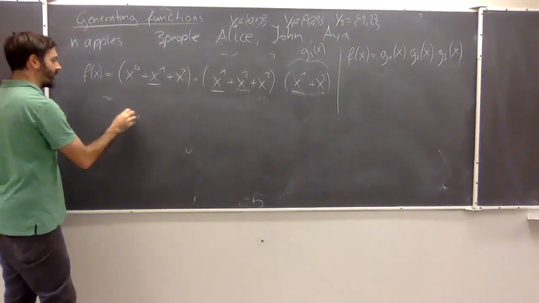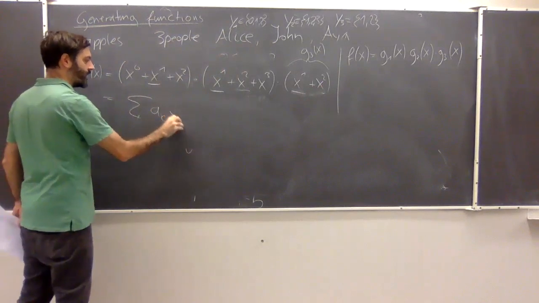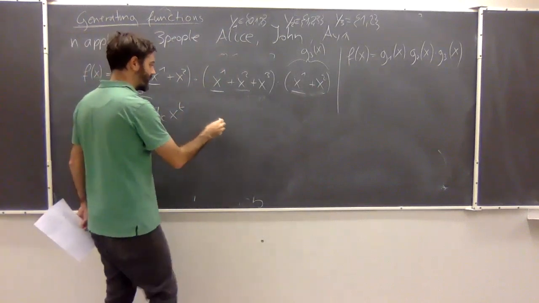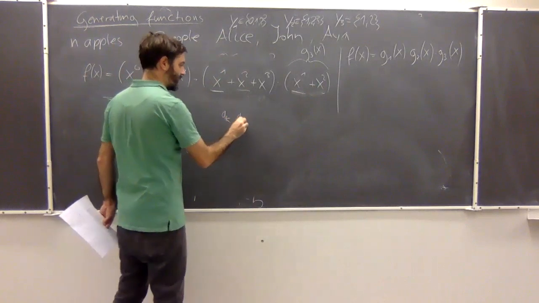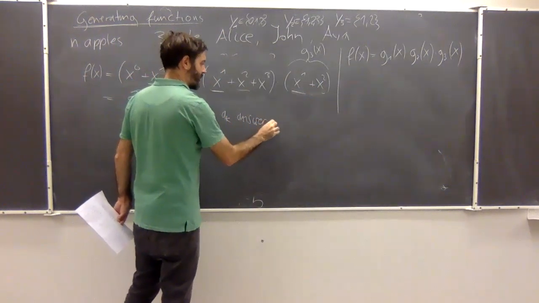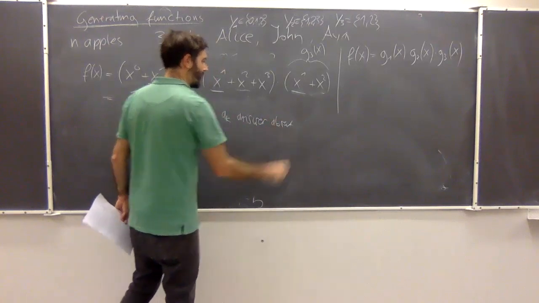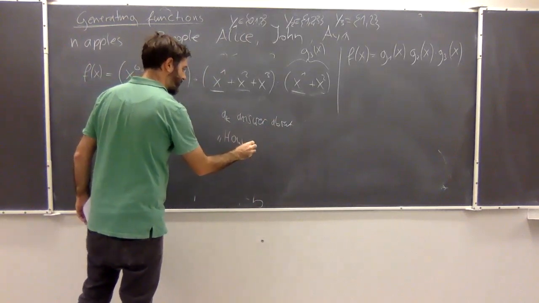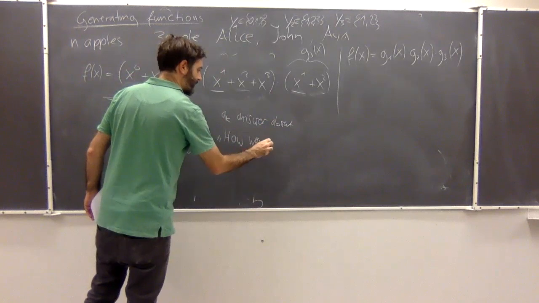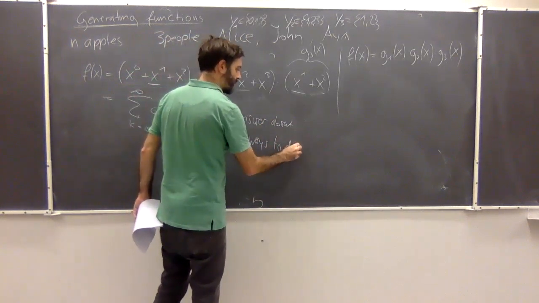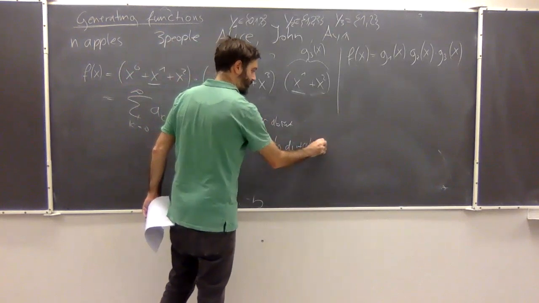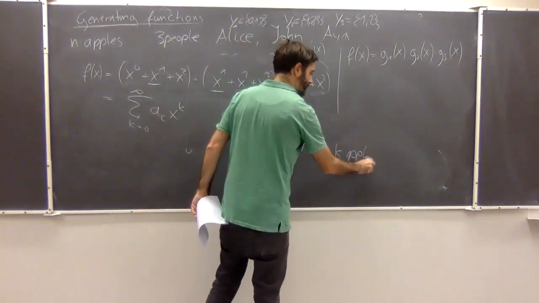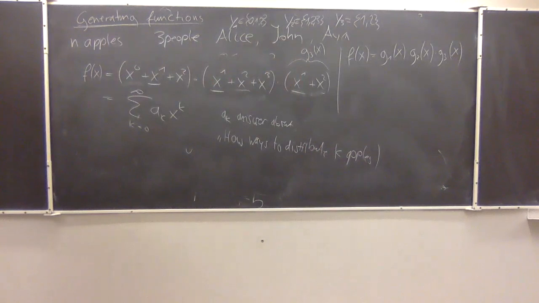If you multiply everything out and write it as a sum over a_k x to the k, then the a_k answer an interesting question about how many ways there are to distribute k apples. Okay.